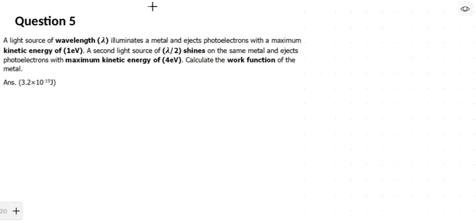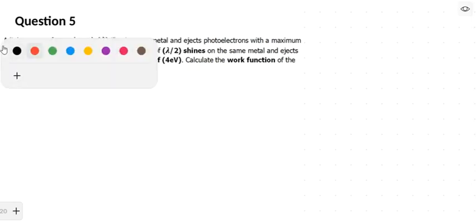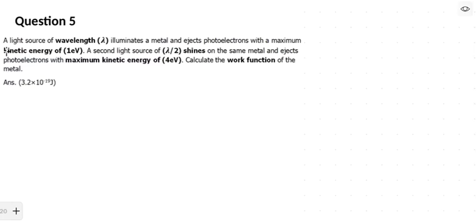A light source with wavelength lambda illuminates a metal and ejects photoelectrons with the maximum kinetic energy. So initially, we have light with wavelength lambda, and this light leads to photoelectric emission, and the maximum kinetic energy is 1 electron volt.